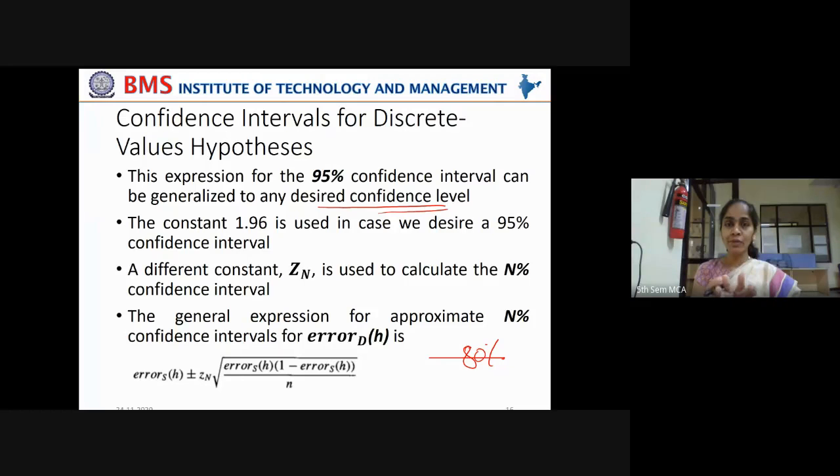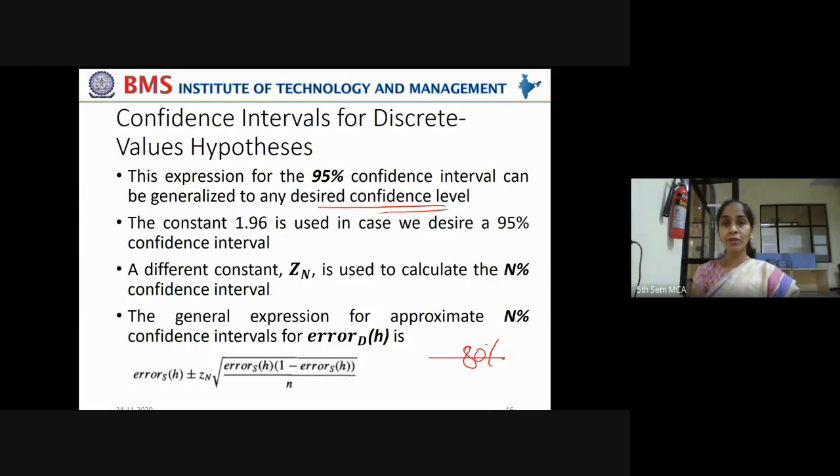Means 80% of the time I have confidence that my model performs well with the unseen data also, but 20% I don't have confidence. Means 20% of the time it may give more error when compared to the sample error. True error will be very high, 20% of the time.